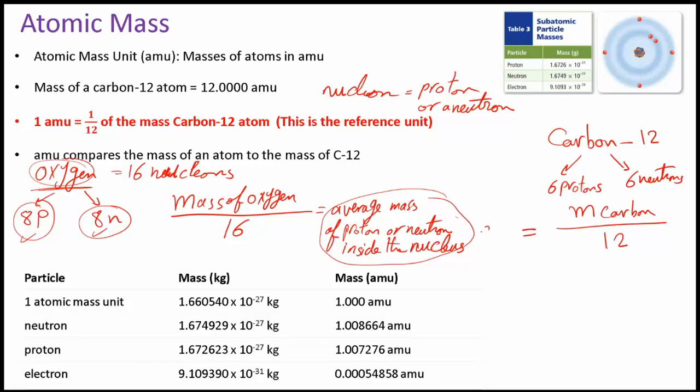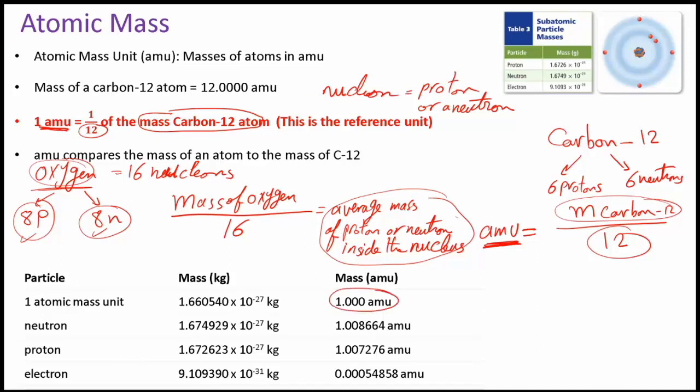And they called it the AMU, the atomic mass unit. Since then, the atomic mass unit, which is the mass of carbon 12 divided by 12, is one atomic mass unit, and everybody uses it as a reference for the measurement and calculations in the nuclear field and in the chemistry field. So one atomic mass unit is the mass of carbon 12 atom divided by 12.